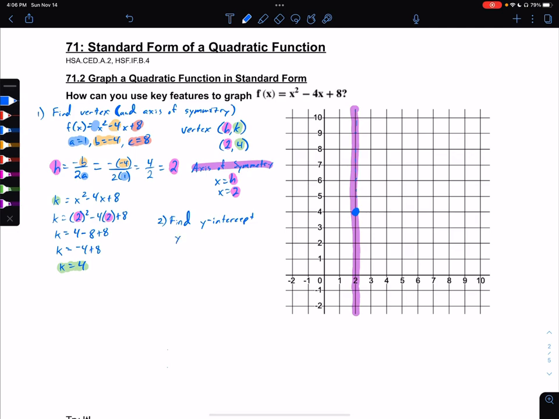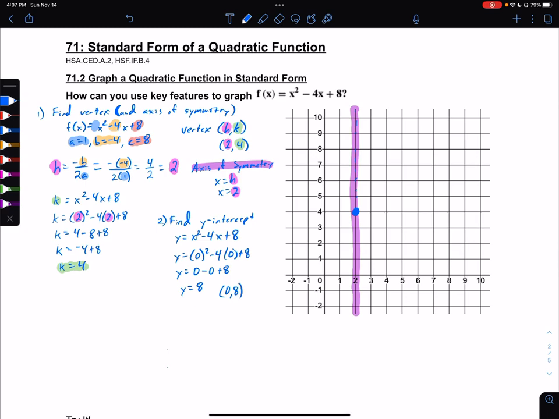So if I have the equation y equals x squared minus 4x plus 8, and I want the y-intercept, I would make my x value 0. So when I calculate this, I'm going to find that my y-intercept is the point (0, 8).